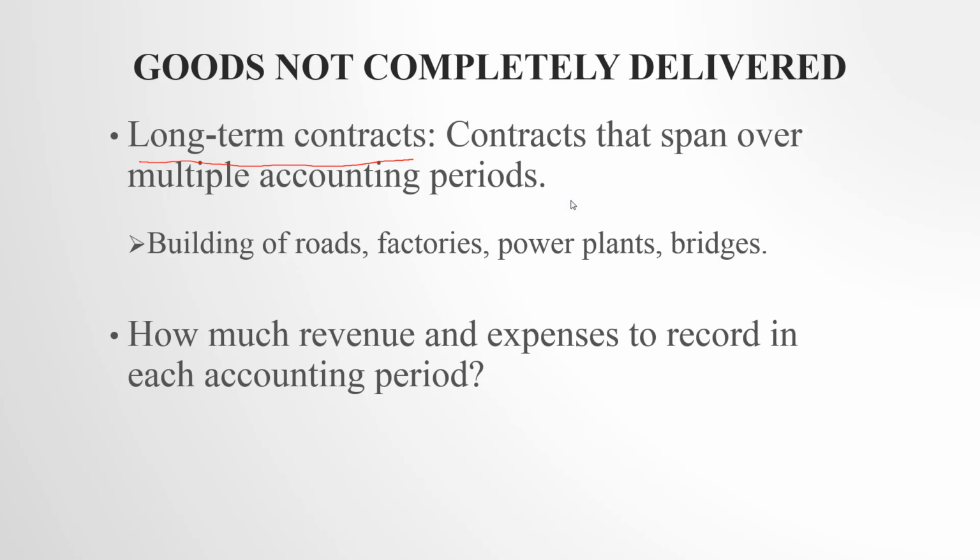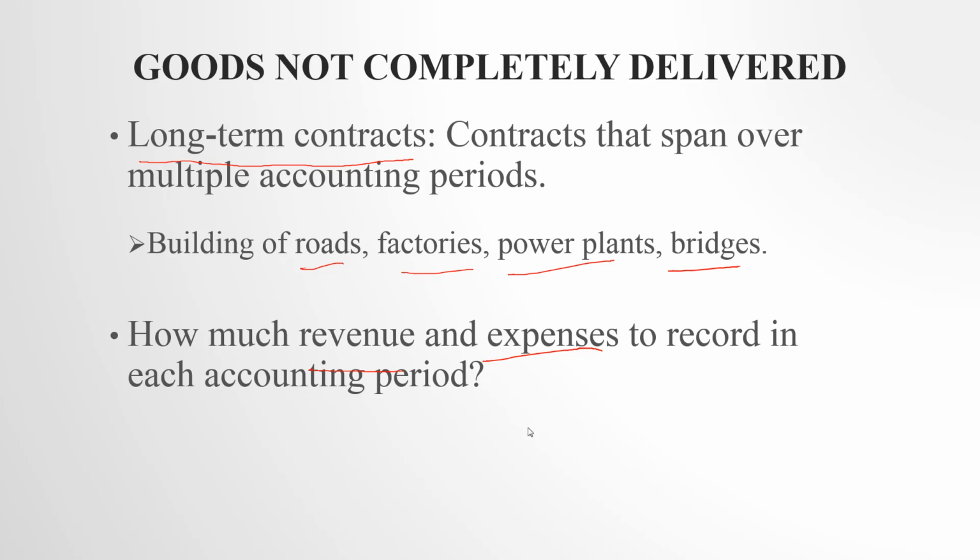For example, let's say there's a company that's in the business of constructing roads or factories or power plants or bridges. Now these projects can take several years, and the question arises, how much revenue and expenses should the company record in each accounting period? After all, the goods or the service has not been completely delivered yet.